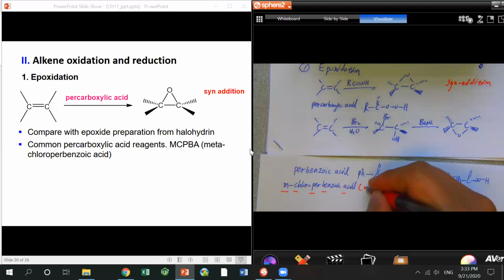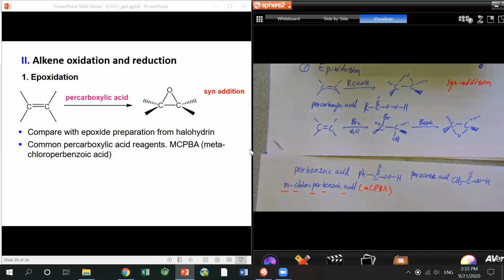mCPBA is one of the very famous reagents in organic chemistry. As long as people mention how to make an epoxide, 90% of the time they recommend mCPBA. That's a very unique one. I don't know why, since benzoic acid should be cheaper, but normally people just use meta-chloroperbenzoic acid.